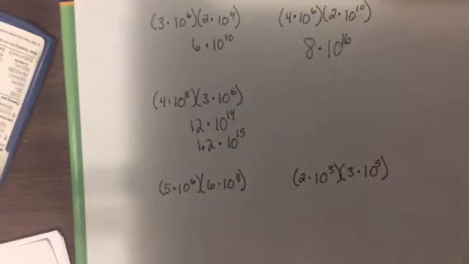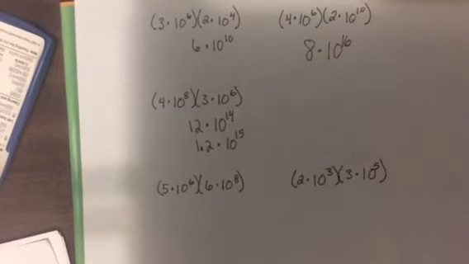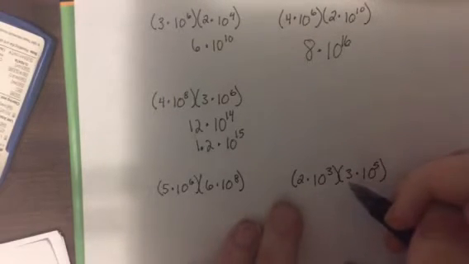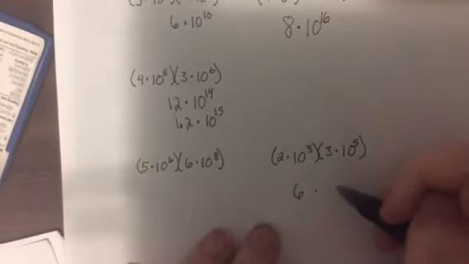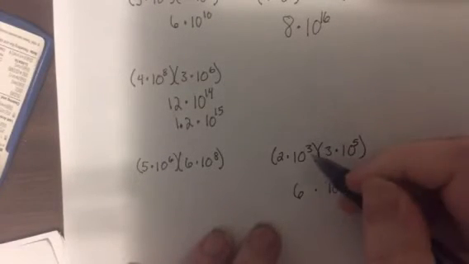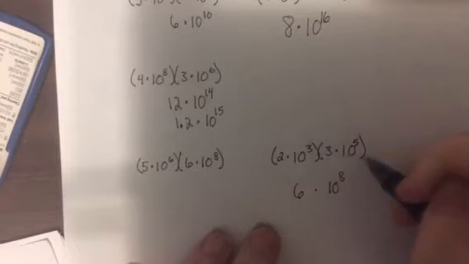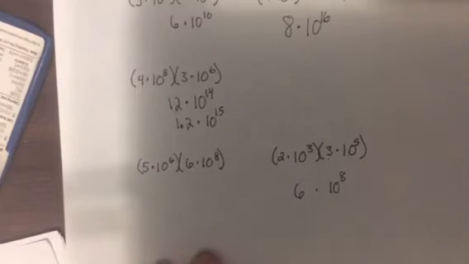So freeze the computer, do these two, and then turn me back on. Okay, so this one, 2 times 3 is 6, times 10 to the 8th, because 10 to the 3rd, 10 to the 5th, and when you multiply two things same base, you're going to add the powers.